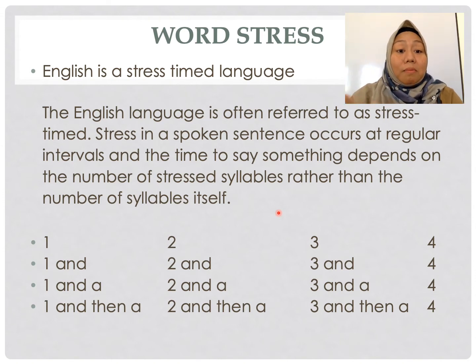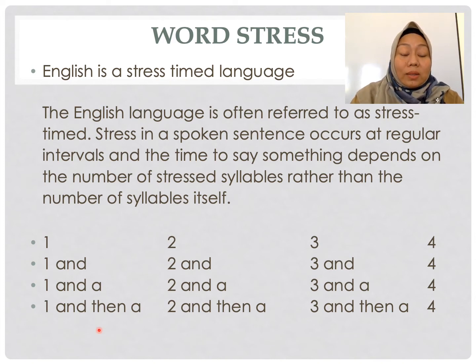So the time needed to pronounce 1 and 2 is the same, right? Let's take a look at number 3. 1 and 2 and 3 and 4. Okay, so we do not pronounce it as 1 and 2 and no, that's not going to happen in a stress-timed language.